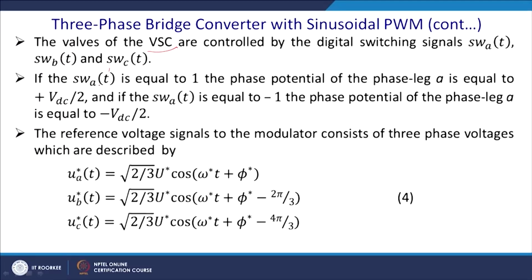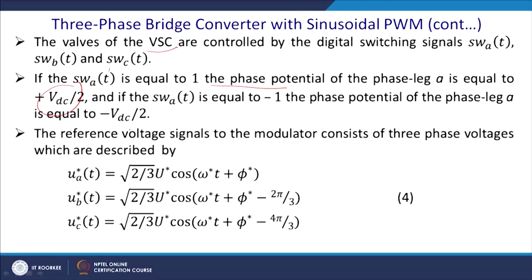If SWA is equal to 1, then the phase potential of the phase leg is VDC by 2, and if SWA is equal to -1, then the phase potential of the phase leg A equals minus VDC by 2.